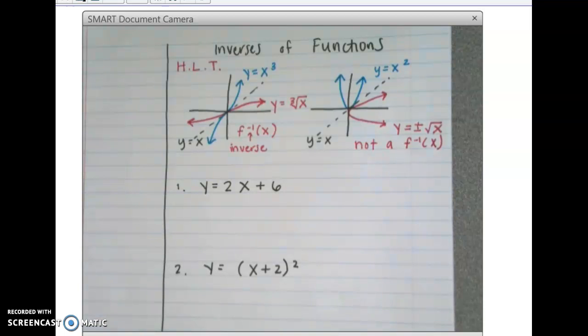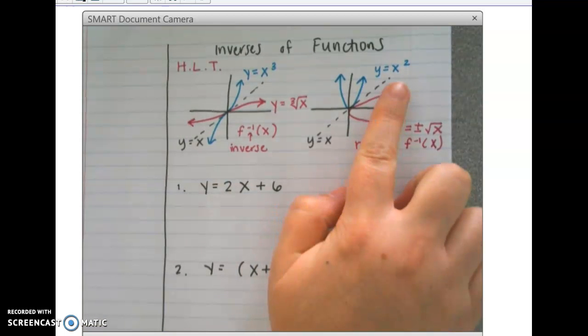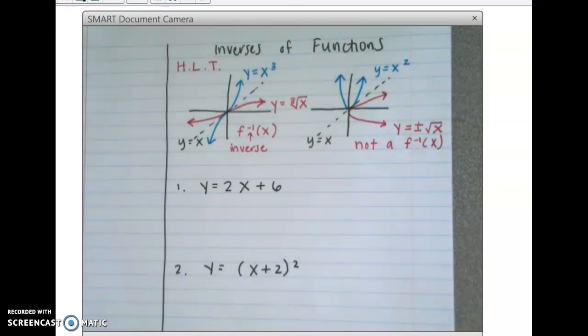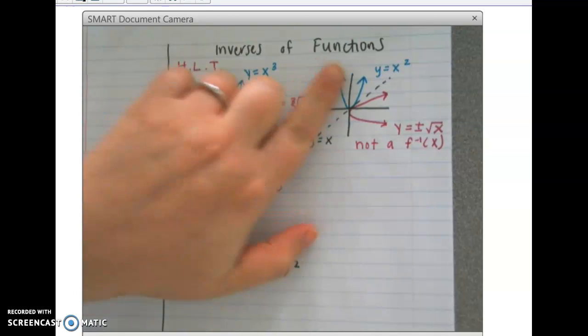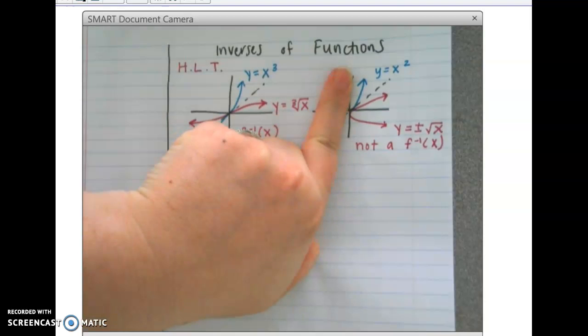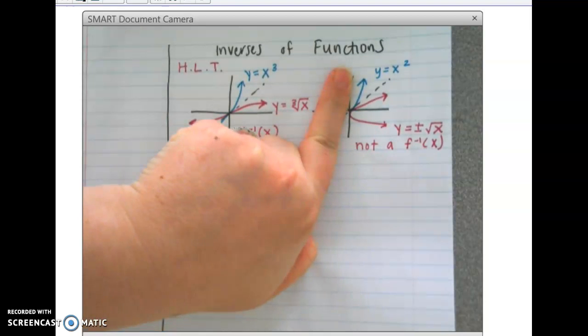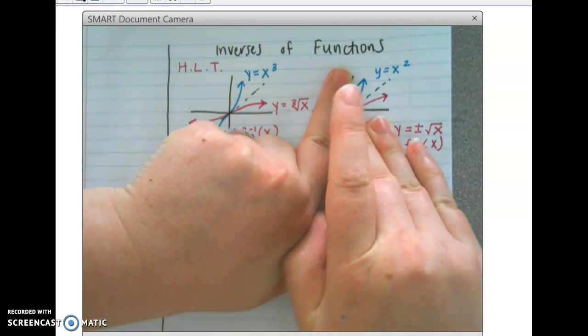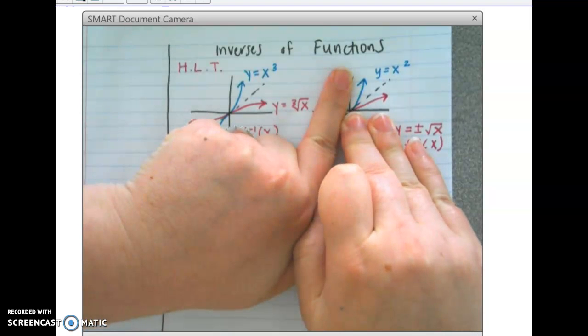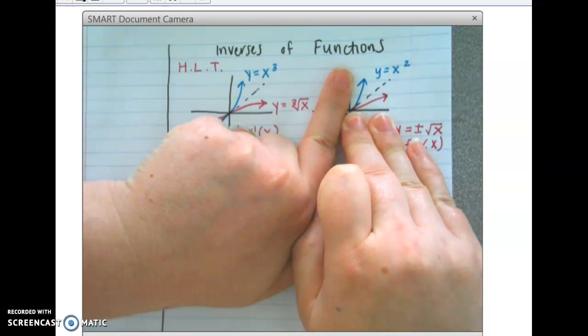So a lot of times, especially with parabolas, you might see a little inequality next to the equation, and all that does is restrict the graph so that we don't run into this problem. So basically, I would only use that half of the parabola, and then it would only be that half of the inverse, which is what the square root or radical function looks like.